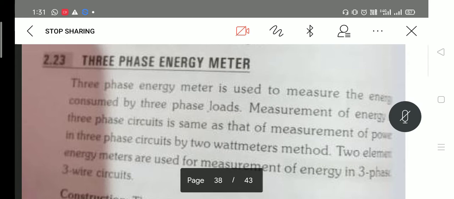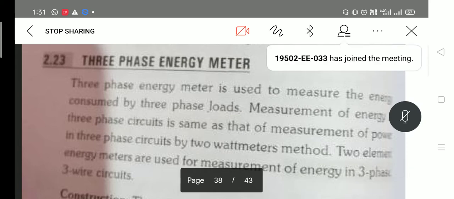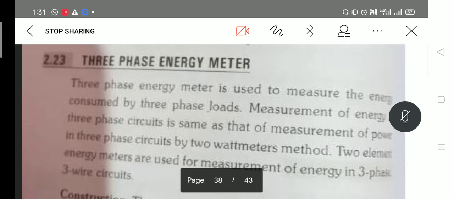Two single phase energy meters are connected in this three phase energy meter.